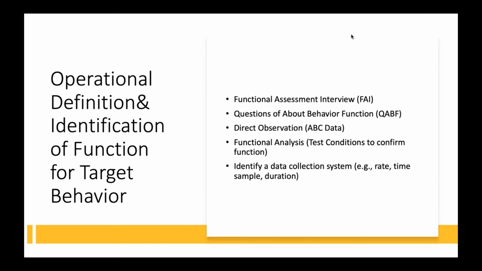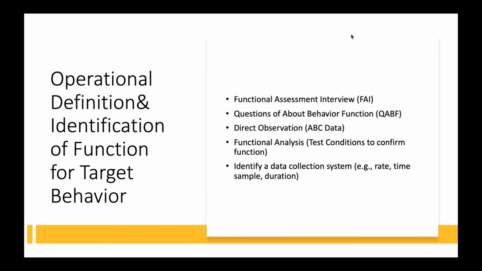We have the functional assessment interview, or FAI, that gets the background information, the history, the duration, and when the behavior is likely to occur. We have the QABF, which is the questionnaire that is asked of caregivers as well as our BTs, to ask them what they see and how the function of behavior can be hypothesized.